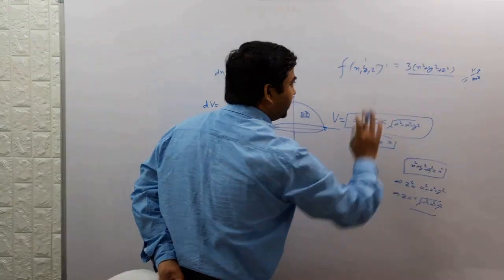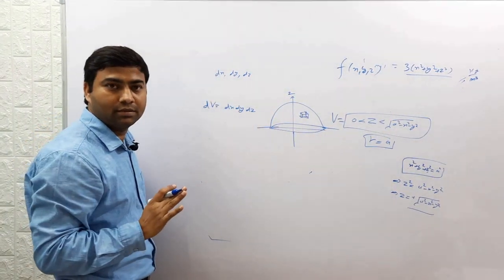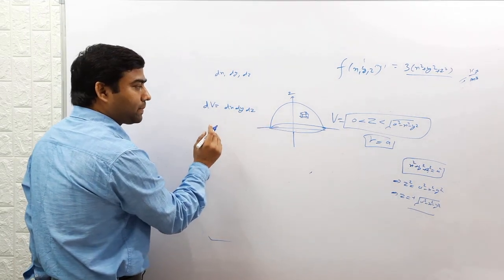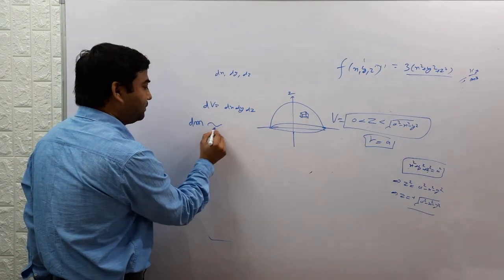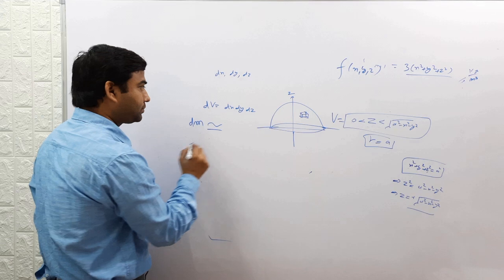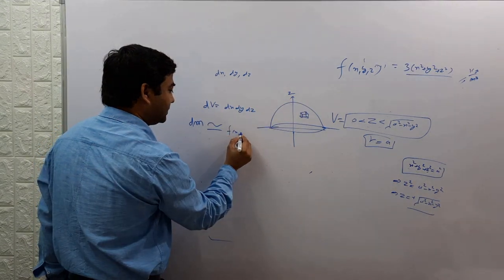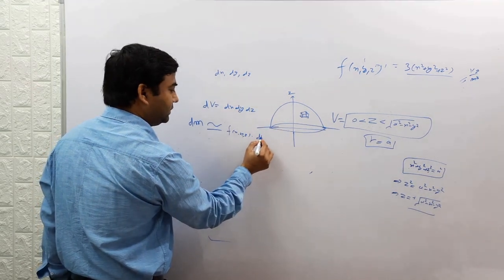Density is given at a point. So within this small volume, density will change, but this volume is very small. So we can say the mass of this small volume will be approximately equal to the density function f(x, y, z) into dV.